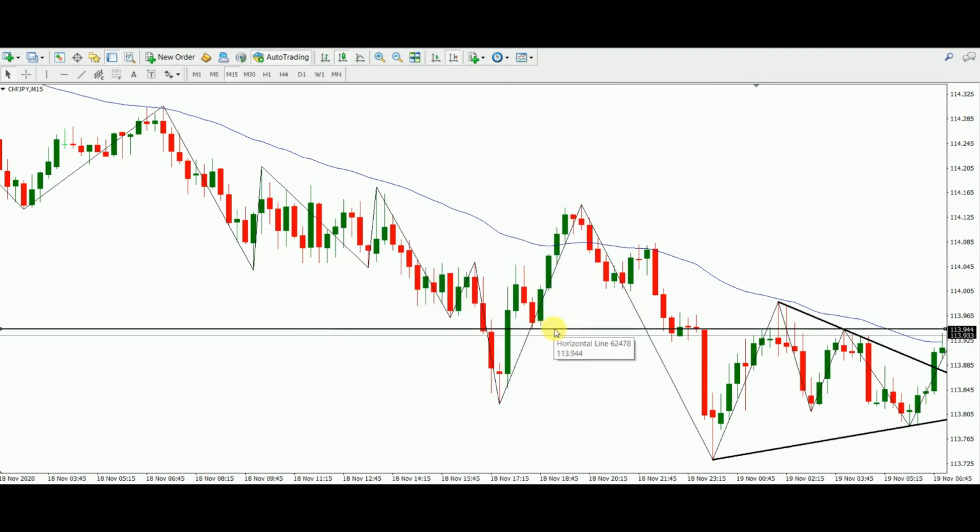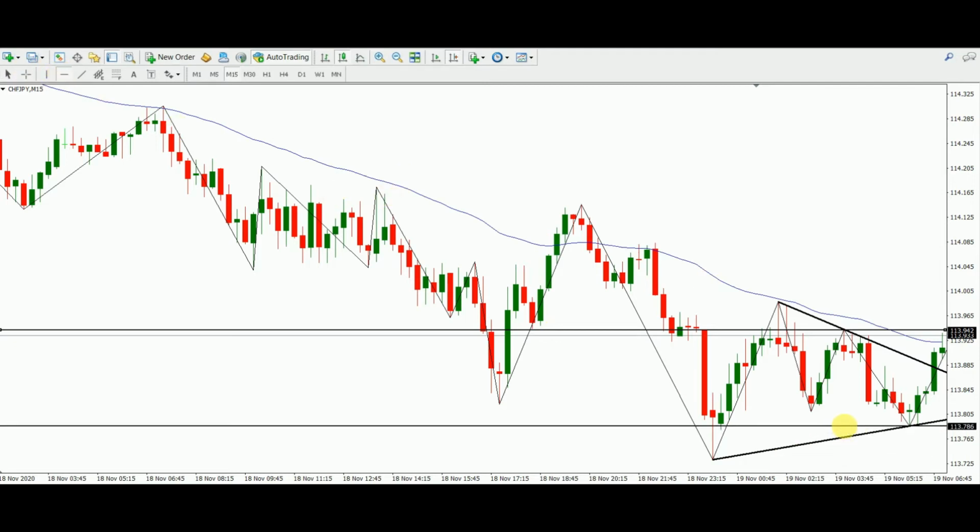Basically, what you will do is find the nearest touch of the trend line here, then we have here, right? So what you will do is put maybe around 2 pips higher than this. So your entry will be here.